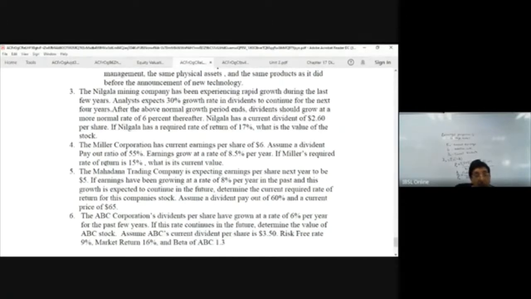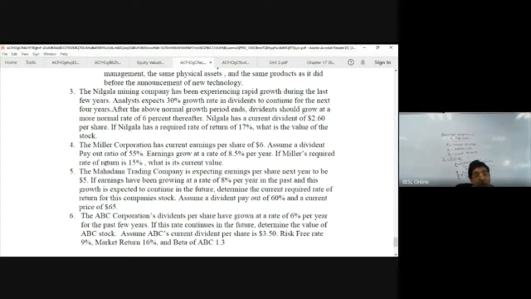The Miller Corporation has current earnings per share of $6. Assume a dividend payout ratio of 55%. So earnings grow at a rate of 8.5% per year. If Miller's required rate of return is 15%, what is its current value?